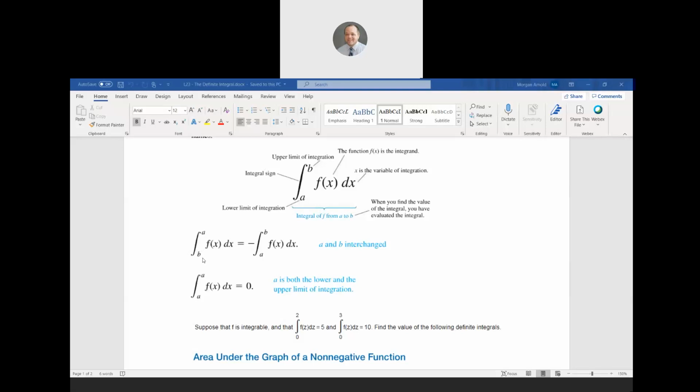If your limits of integration are turned around, then you have to write them in the proper order, and it will be the negative of what you're given. If your lower and upper limits of integration are the same, then the value of your integral is automatically 0.